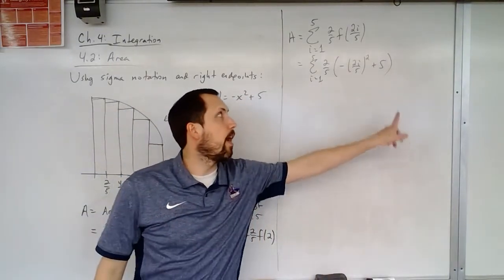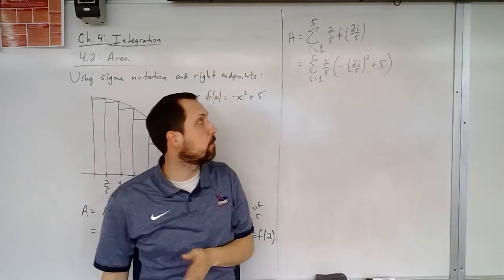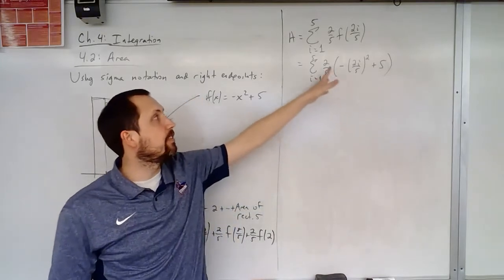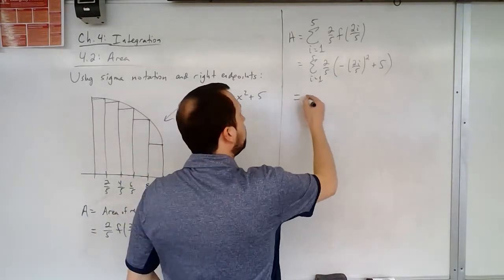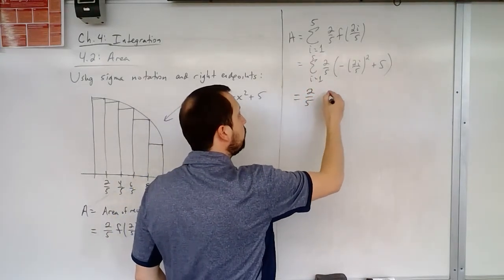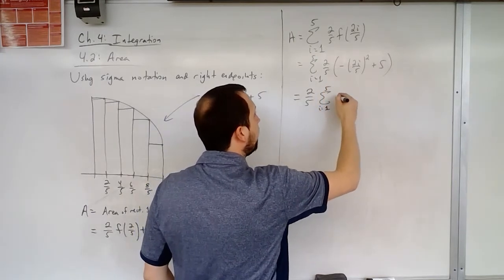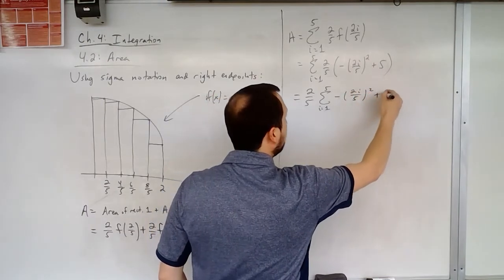Now the f's go away, and I just have some expression in terms of just i's and numbers. So now we use our rules that we had of separating this sum and breaking it down. So the first step is to pull out the 2/5. So we have 2/5, the sum from I equals 1 to 5 of negative 2i over 5 quantity squared plus 5.